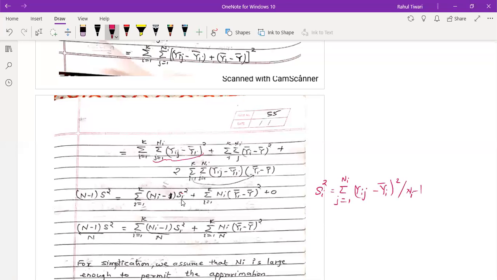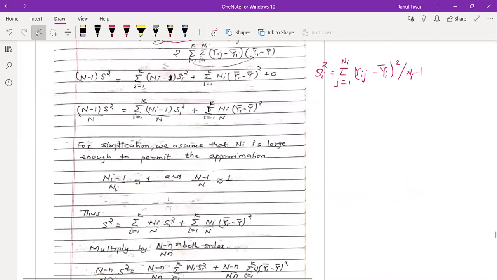Similarly, I will replace here also. Now since here j is running from 1 to Ni, Ni is a constant, it's independent of this. So it will multiply simply Ni, and this quantity will be as it is. Now what is the next step? You divide throughout by n.